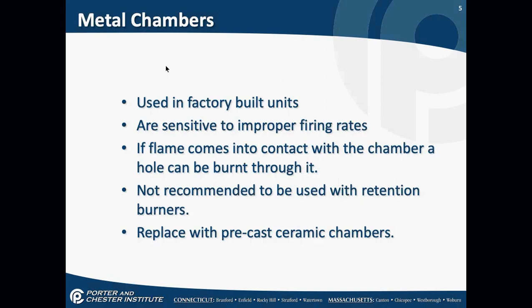Metal chambers. They were primarily the standard for years, factory-built units, but they're very sensitive to improper firing rates.